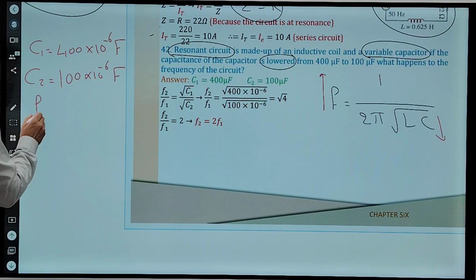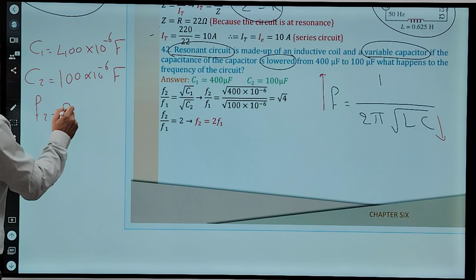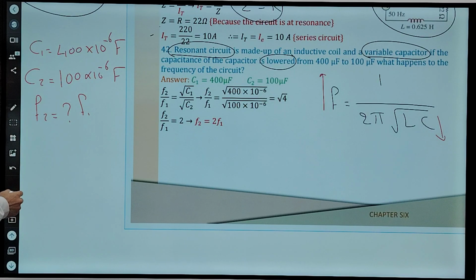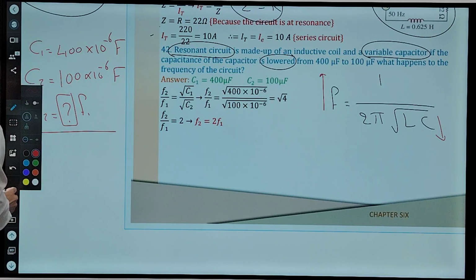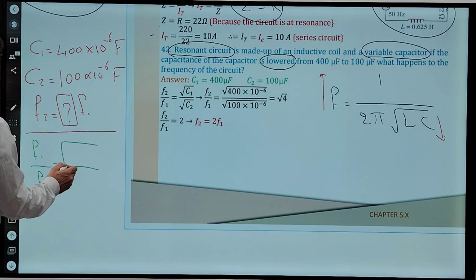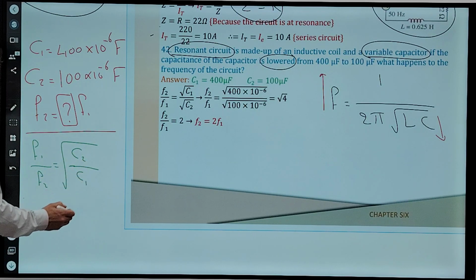So it means that F2 is equal to how many times F1? So we have to find this factor. How can you find this factor? By replacing in the equation. F1 over F2, as I told you before, when two capacitors are given, you have to use this relation: square root of C2 over C1.